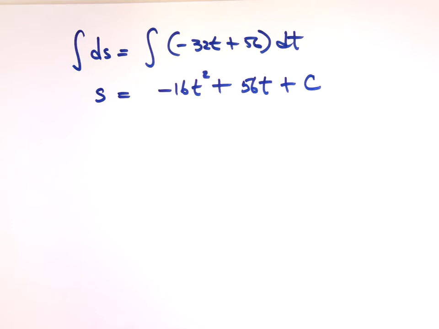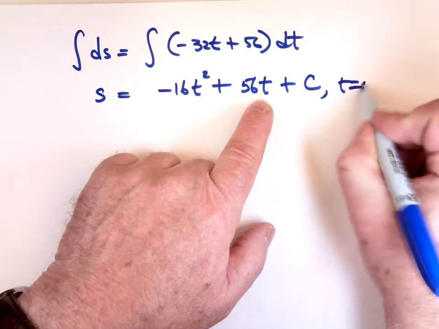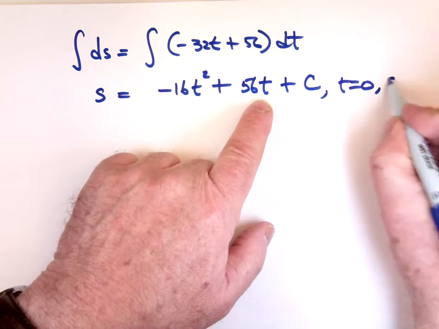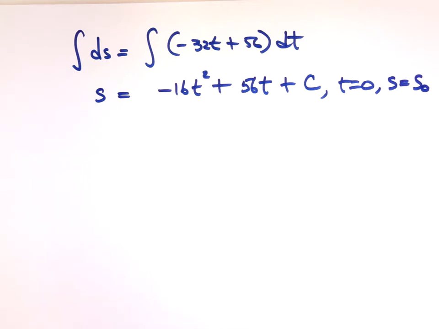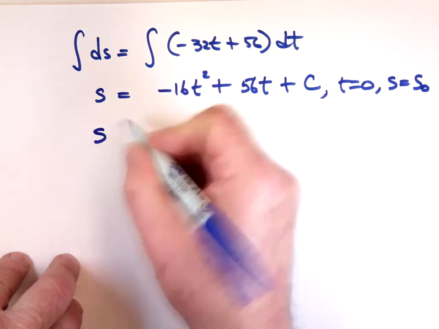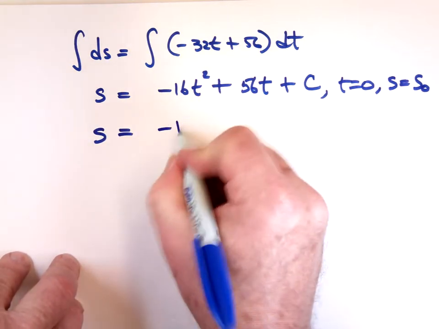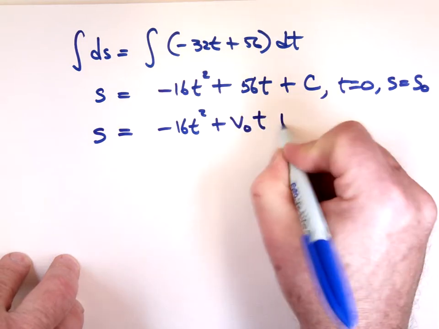Now, what do we know? At t equals 0, our position is the original position. That's what we did last time. We did the general result. So we end up with this. The general result is s equals negative 16t squared plus our initial velocity times t plus our initial position.